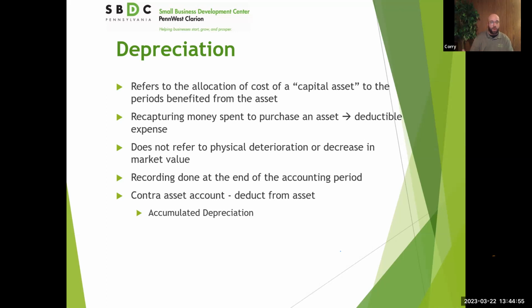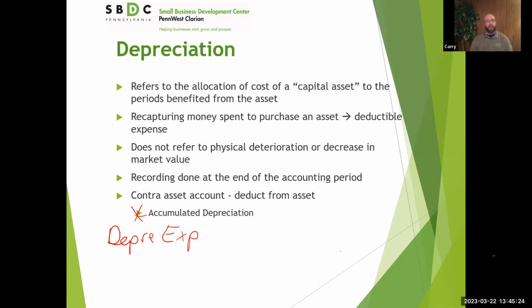Kind of the same, but different. So we will have what we call depreciation expense. That shows up on our income statement as an expense. Some of you call it a P&L statement. The accumulated depreciation is what shows up on our balance sheet, and it subtracts away from our asset.